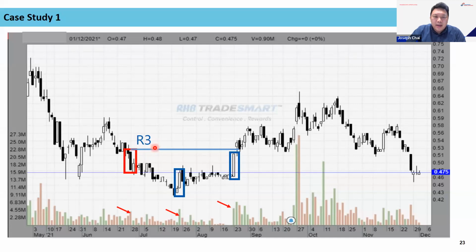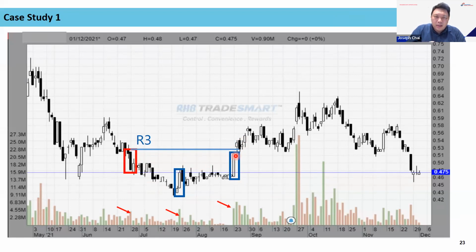Because I know my next mission is to look for R1 and R2. If I cannot spot R1 and R2 here, when they break R3, I just make sure that I ride on this train. I'll never miss the stocks. That's what I do in all the stocks that I'm following. So if you listen to what I share with you tonight, you feel very excited, because now we are in a bear market.